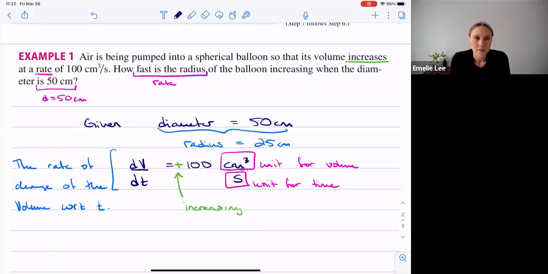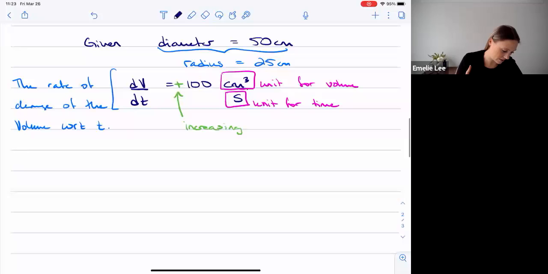Okay. So that's what we're given. And what we want to find is the rate of change of the radius with respect to time. It has to be time because the rate of change that we have is with respect to time. That'll always just be the case. It'll always be with respect to the same thing, but also not obvious, at least to me.